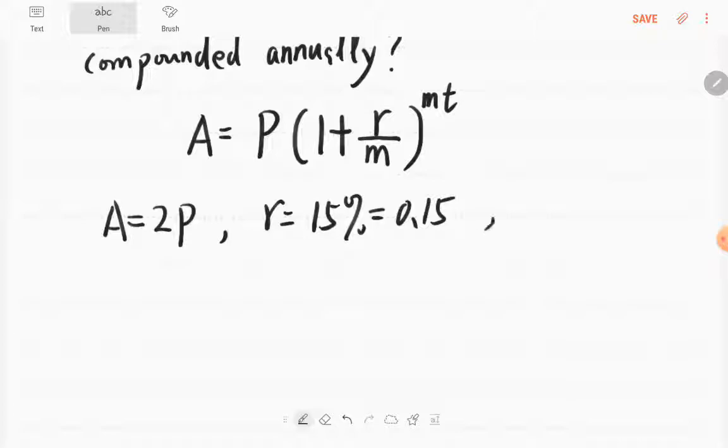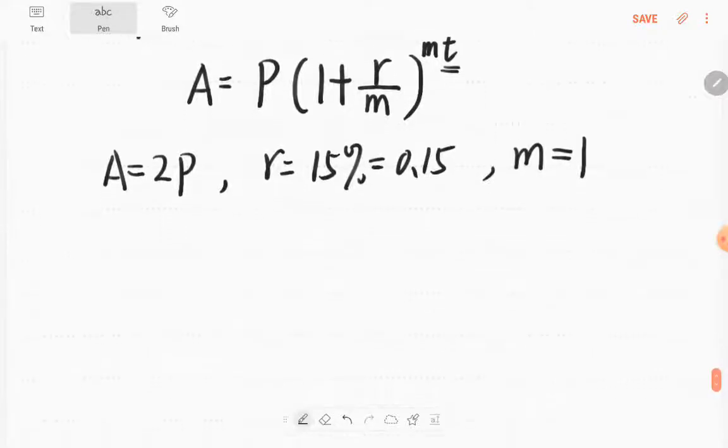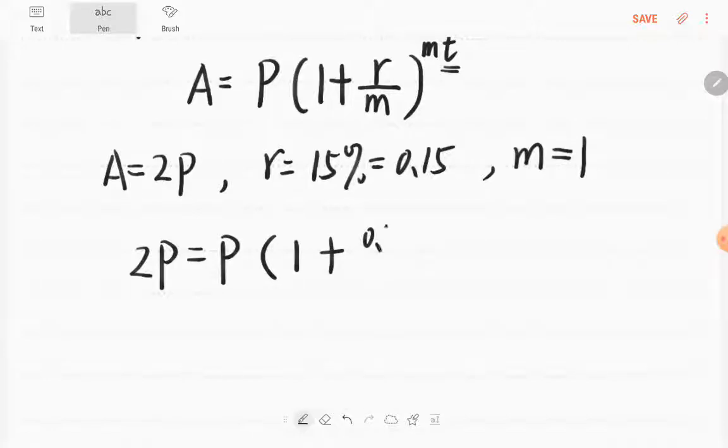And since this is compounded annually, m equals 1. If we plug in everything, we want to know what t is, how many years to get the double principal. So this is 2P equals P times 1 plus 0.15 over 1, raised to 1 times t, which is t only.